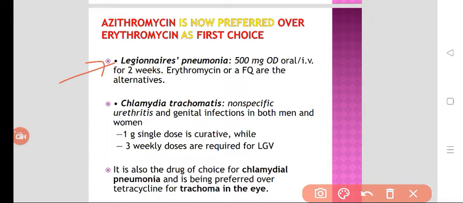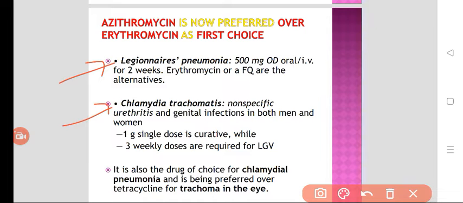Then Chlamydia trachomatis, non-specific urethritis in genital infections in both men and women. A 1 gram single dose is curative, while 3 weekly doses are required for lymphogranuloma venereum. These are the therapeutic uses: Legionnaires' pneumonia, Chlamydia trachomatis.